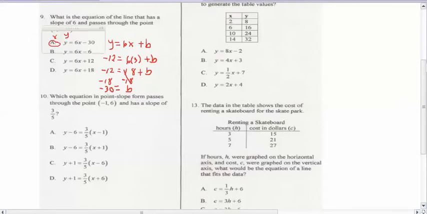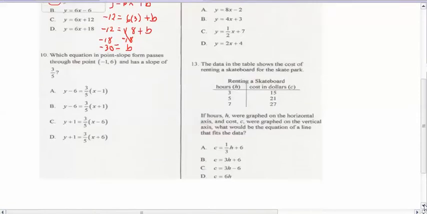Okay, number 10. We didn't do number 10 with you. I'm not going to hold you responsible, but I am going to show you point-slope form. Point-slope form is y minus y1 is equal to m parentheses x minus x1. And really it's pretty simple. You're just plugging in your slope, which they gave us was 3 over 5. We're going to plug in the x value they gave us, which was negative 1.